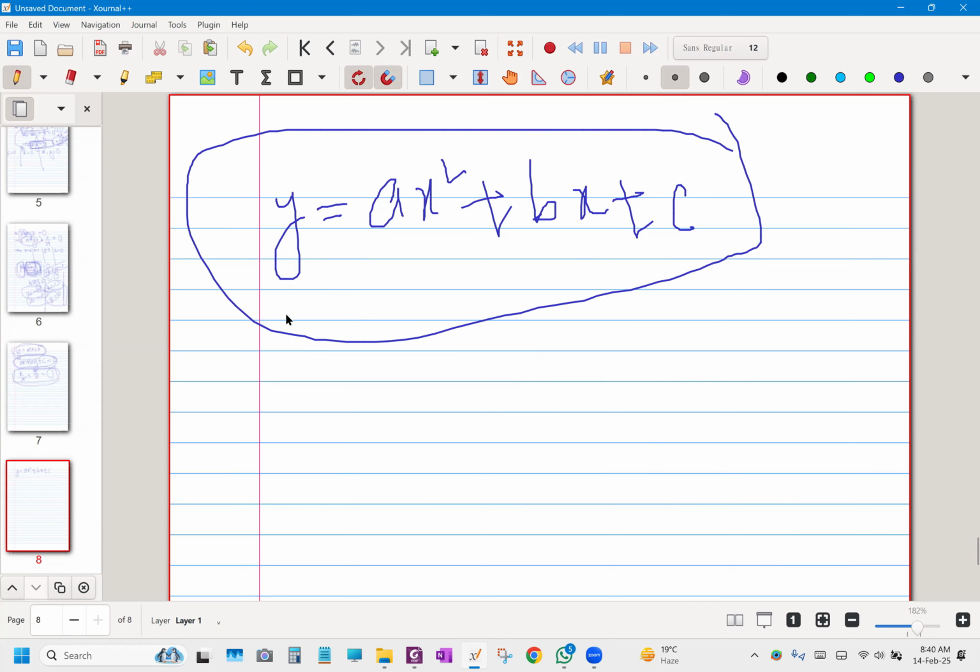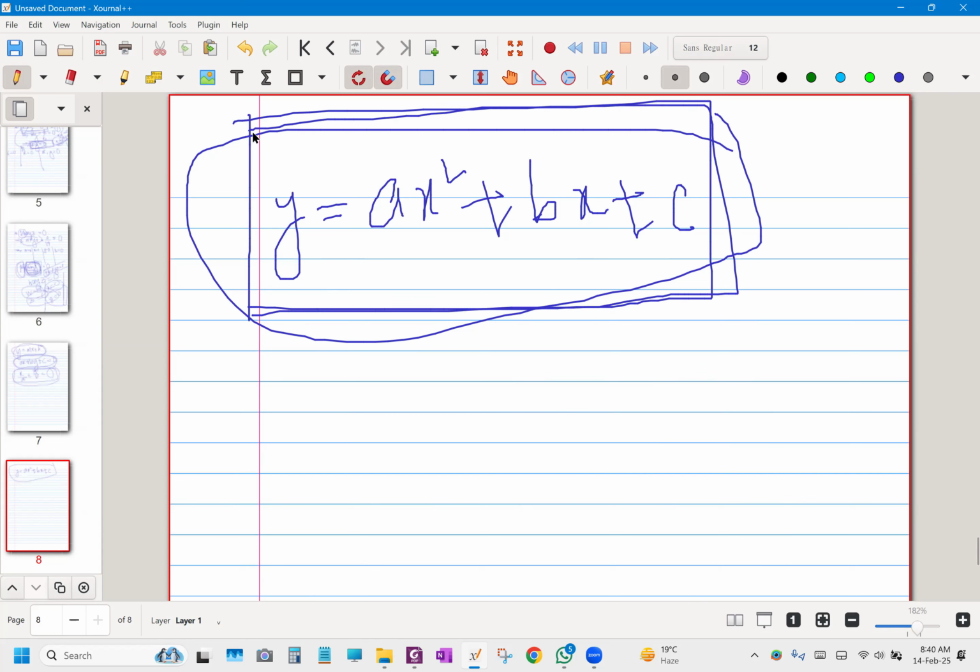A parabola, just like the straight line, can also have different forms of equation. You can represent a parabola by using different forms of mathematical expression.